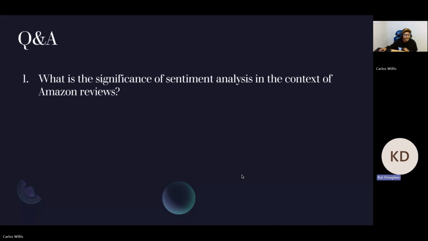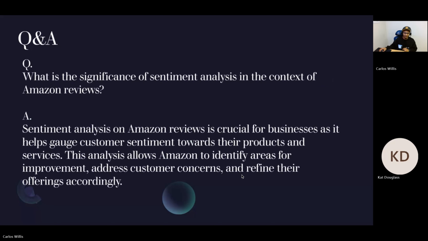All right, so question number 1. What is the significance of sentiment analysis in the context of Amazon reviews? Sentiment analysis on Amazon reviews is crucial for businesses as it helps gauge customer sentiment towards their products and services. This analysis allows Amazon to identify areas for improvement, address customer concerns, and refine their offerings accordingly.